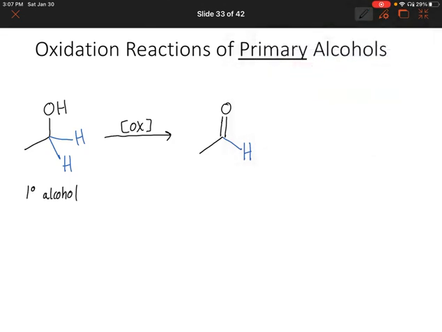And which functional group do we have here? An aldehyde. Now, what's also interesting is that if you have a strong enough oxidizer, the aldehyde can actually oxidize into a carboxylic acid. So we could go a step further here.